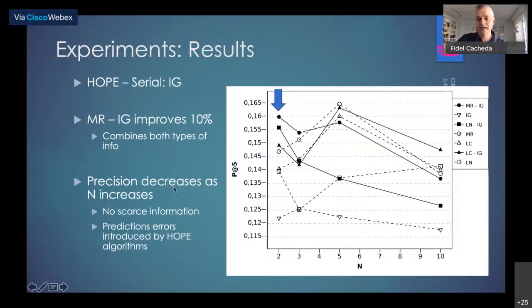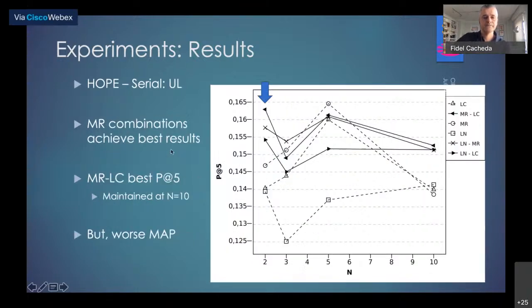Also we can see that as we increase n, the precision tends to decrease. This also makes sense because as we increase n, there is no scarce information. So probably what we are doing at this point is introducing more errors on the results than anything else.